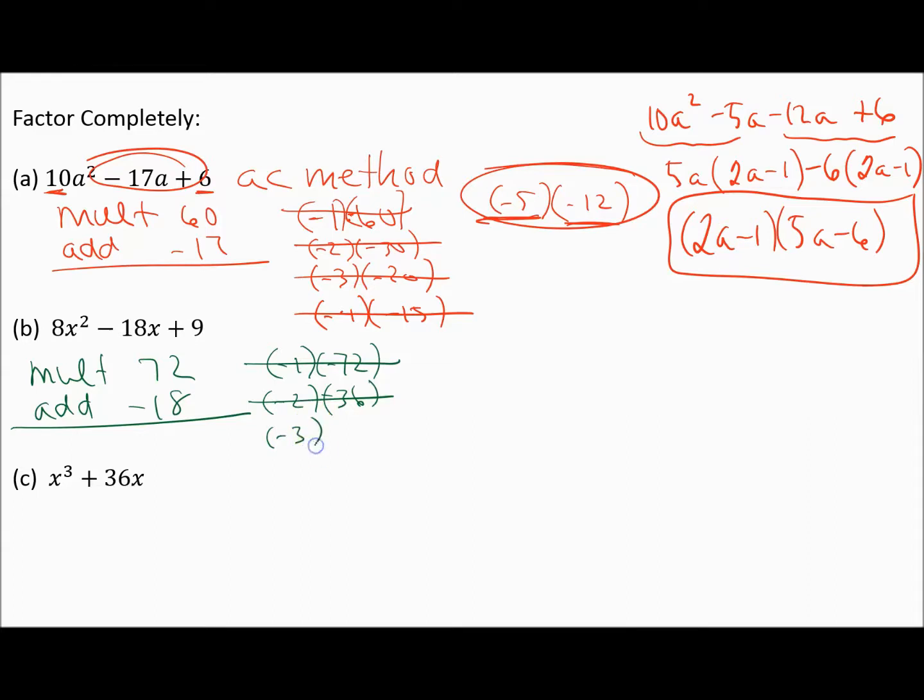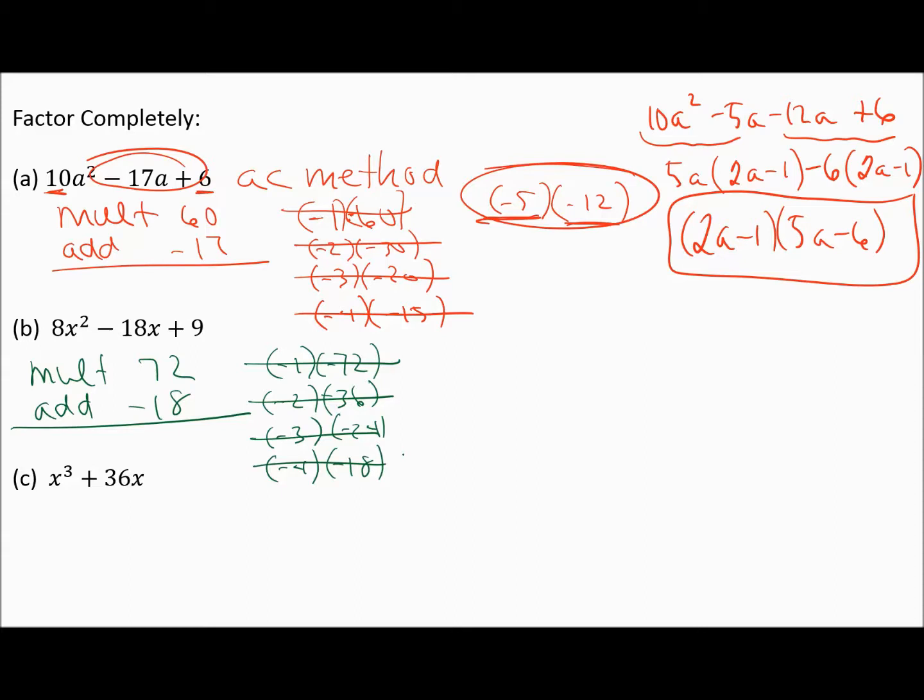Negative 3, so I'm doing 72 divided by 3. And I'm going to grab a calculator just to make my life easier. 72 divided by 3 is 24. Okay, so negative 3 and negative 24 add to be negative 27, so that's off. What about negative 4? Does that divide into 72? It does 18 times, so negative 4 and negative 18, but that adds to be negative 22.